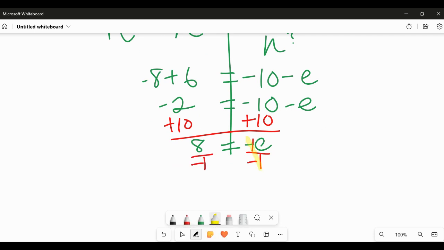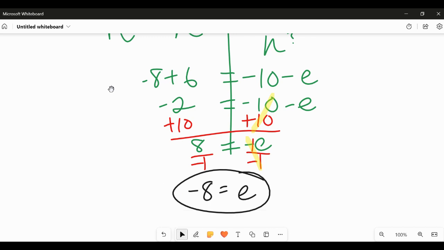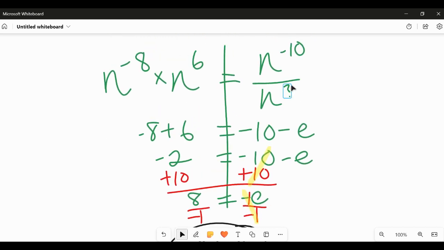Right? So these would cancel. 8 divided by negative 1 is negative 8. So my exponent is negative 8. All right, same thing over here, right? Negative 10 minus negative 8 is going to be negative 2, which would be what you get over here.